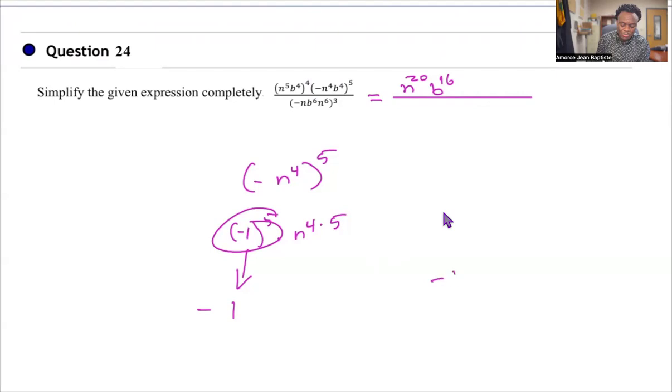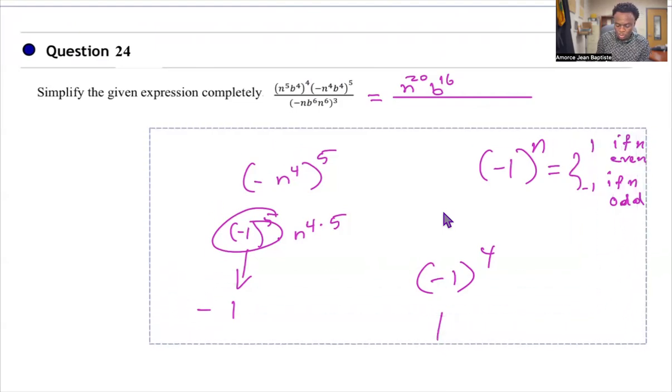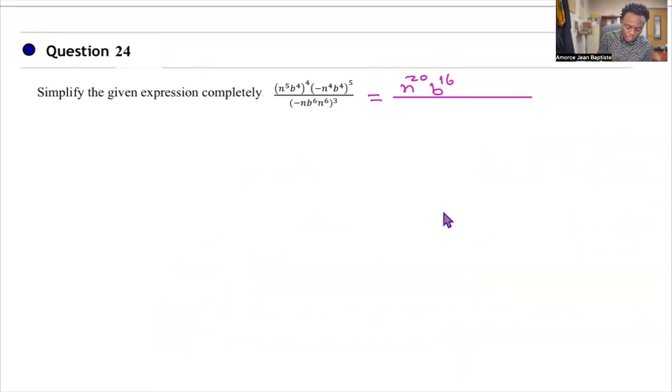If it was -1 exponent 4, for example, it would be 1. So -1 exponent n is 1 if n is even, and -1 if n is odd. Okay, just making sure I review this. And now we have that, times negative n to the 20th power times b to the 20th power.